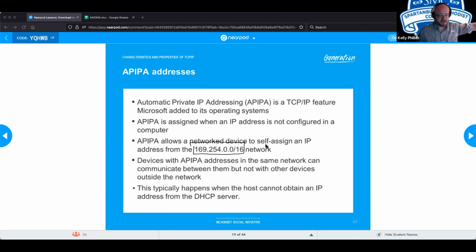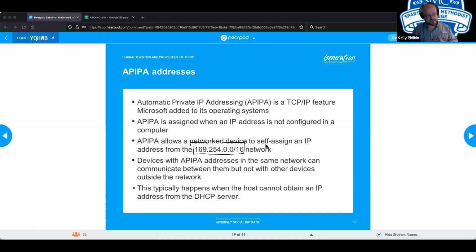That goes through just fine. Your boss sends you a direct message that comes straight to you, no problem. But he says, hey, I need you to go to Google and look this up for me. You type in Google, it says unable to connect to the network.